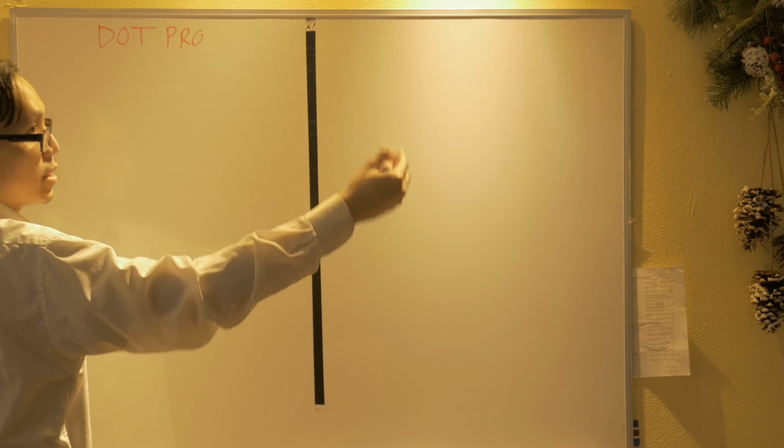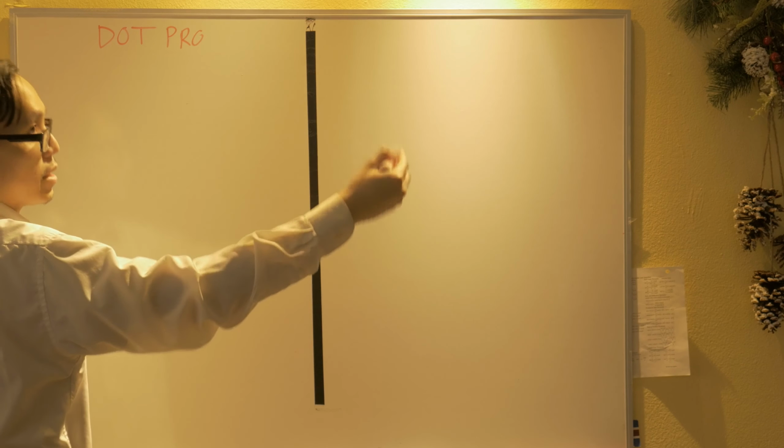This is a dot product. The reason they call it the dot product is because there's a dot over there, and the dot is actually a multiplication sign. So the dot product is nothing else but multiplication between two vectors.